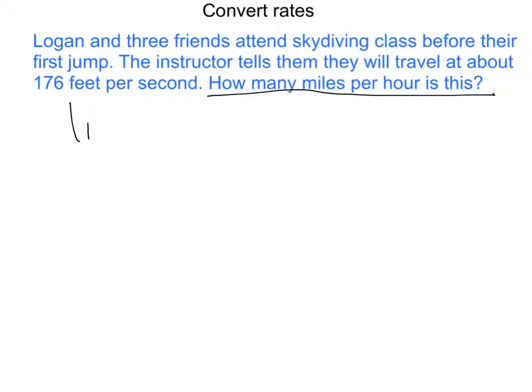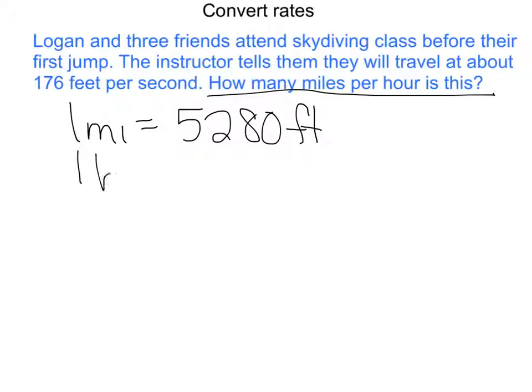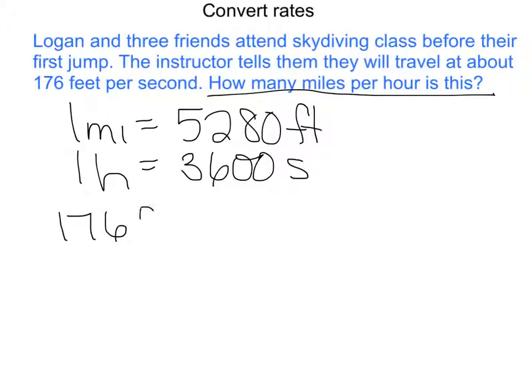Well, we need to know that 1 mile is 5,280 feet, and that 1 hour is 3,600 seconds. So you first want to set it up. They've given you that it's 176 feet for 1 second.